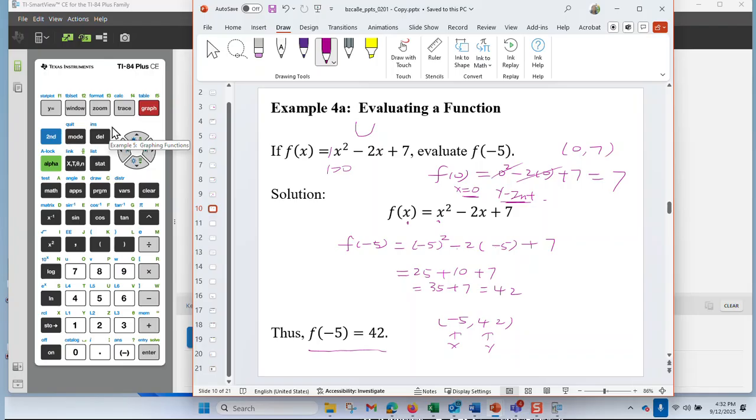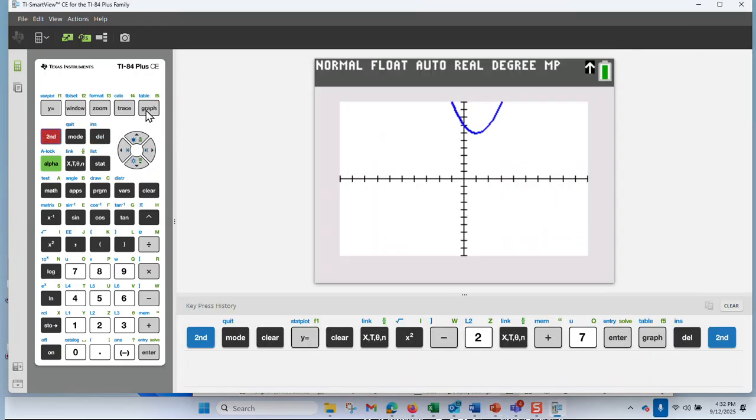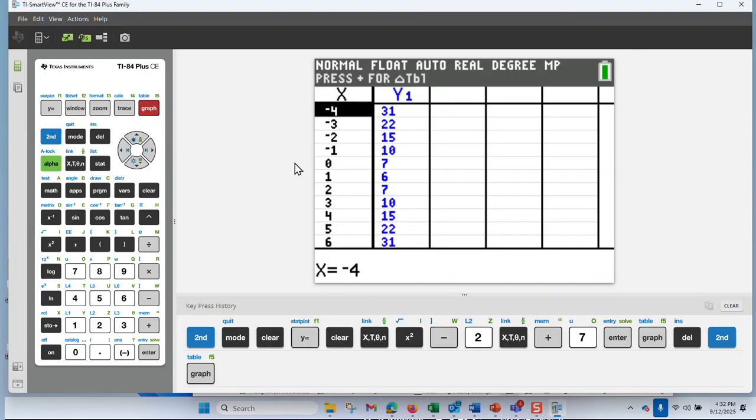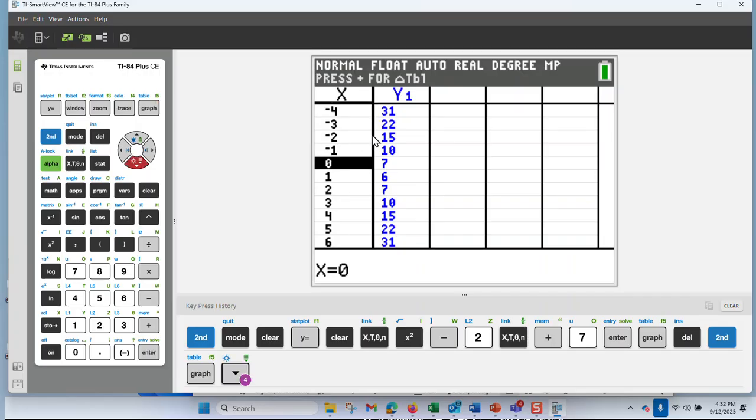You can go to second graph, which will be the table. Look at this one right here. When x is 0, y is 7, and when x is negative 5, y is 42.